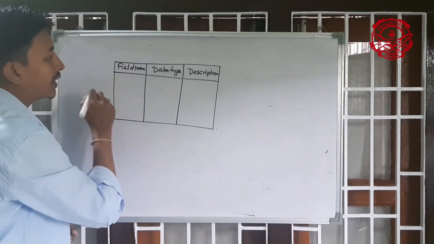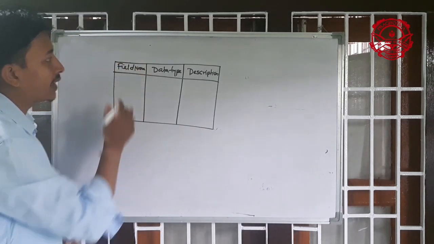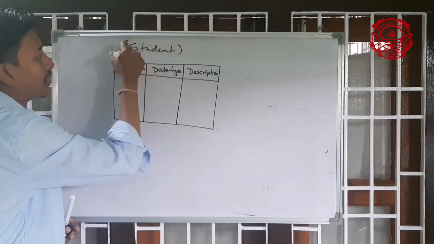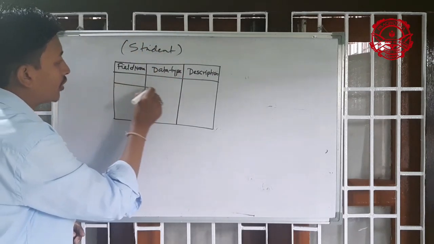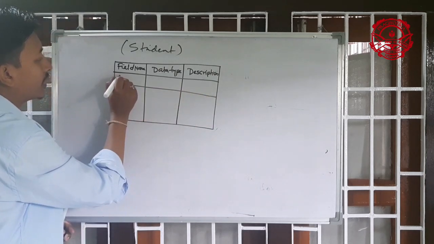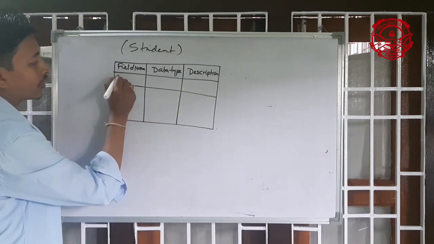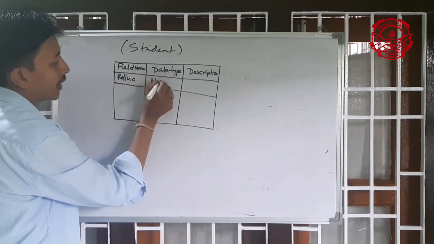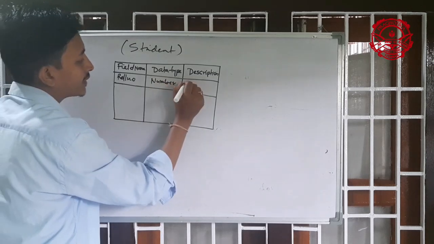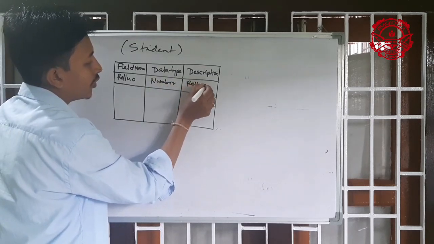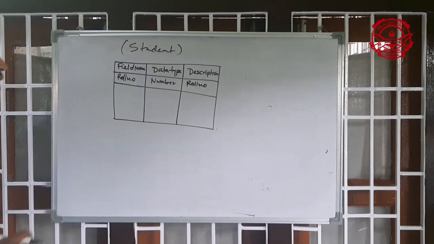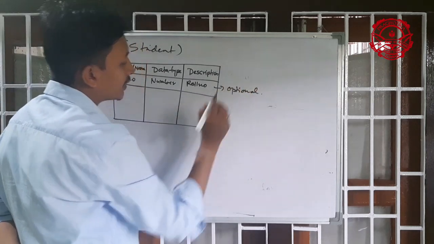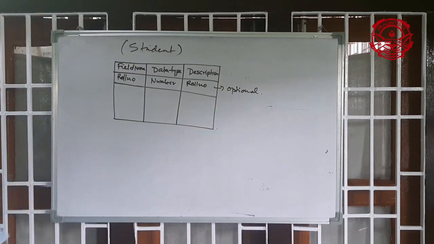For example, this table is a student table. So the first thing I can do, the field name, select roll number, the data type number, and description say roll number. Okay, this part is optional. You can give it or you can skip it.